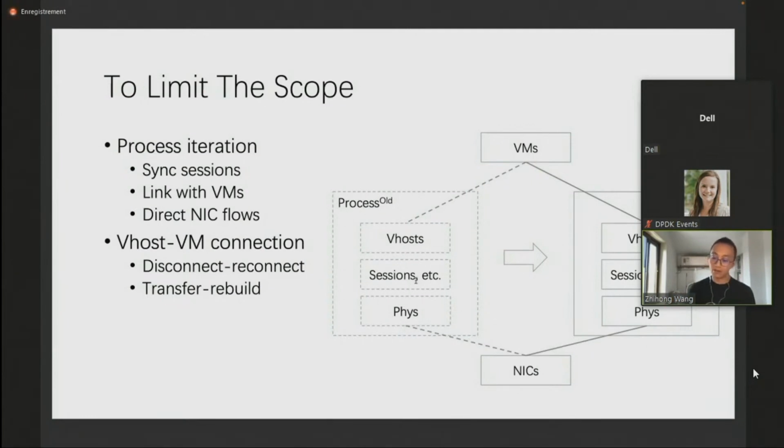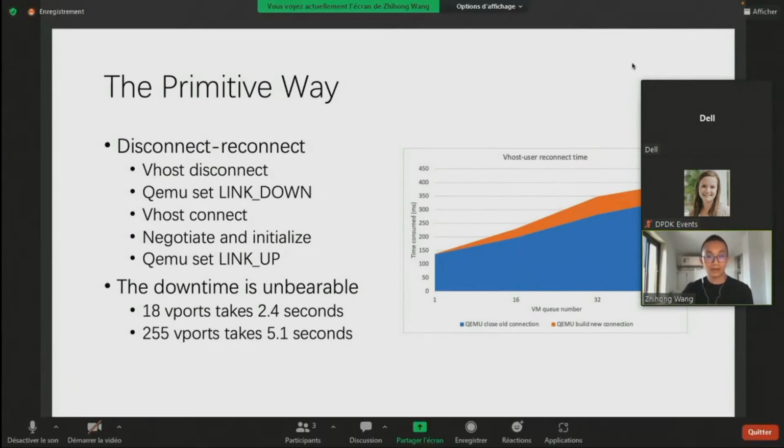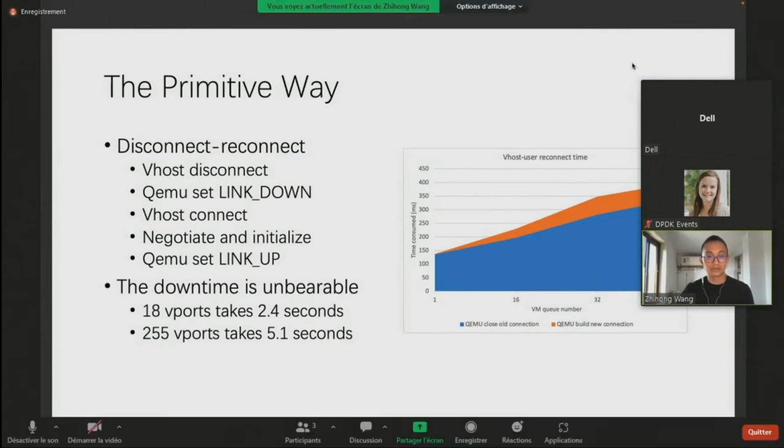But that one, as we showed here, is a little bit time consuming. Obviously this process is quite reliable, since it redoes all the negotiation, and it is also flexible. Basically, the old one does not need to care about the new process.